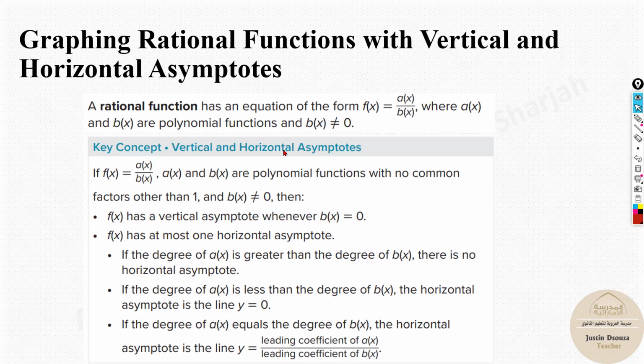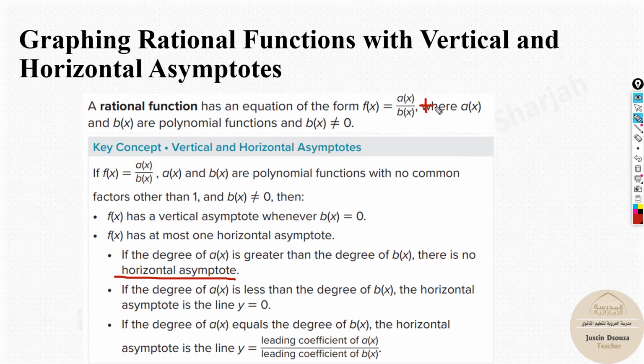Now there are some conditions. Instead of going through all of them, I'll just point out three important conditions. When does the horizontal asymptote occur? We know the vertical asymptote is whenever the denominator is equal to 0, just like the previous lesson. The horizontal asymptote is not like reciprocal, where something is added.